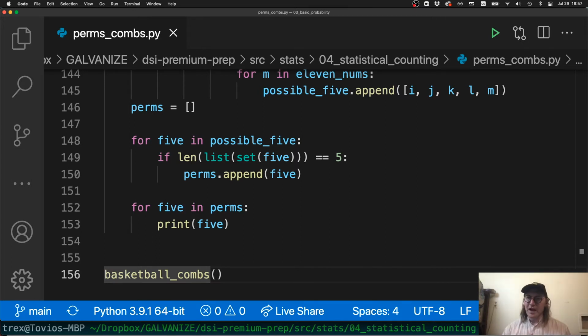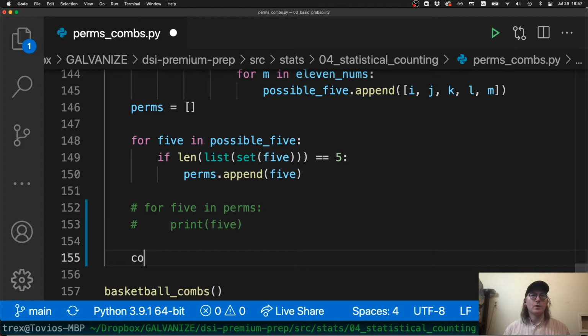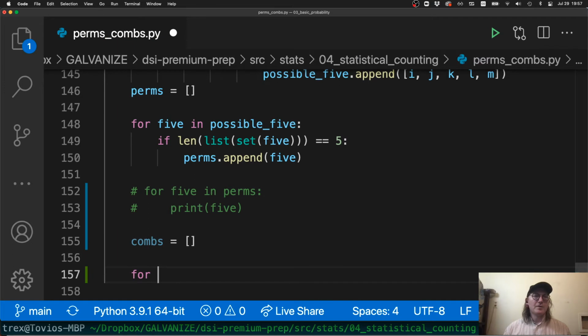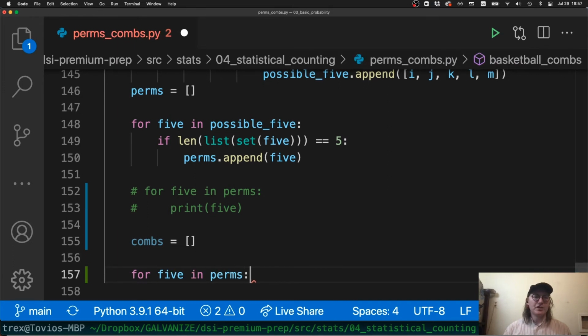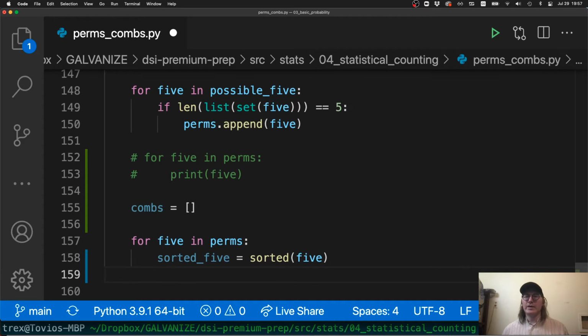we can reduce out again to our combinations. Okay, so at this point we're going to be collecting our combinations. I'm going to say for each 5 in those permutations, I am going to sort those, okay? What this is going to do is, if we have a permutation that has the same elements as some other permutation, now they're going to look exactly the same.